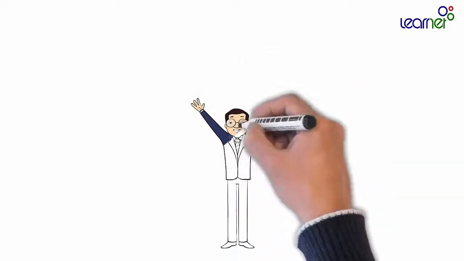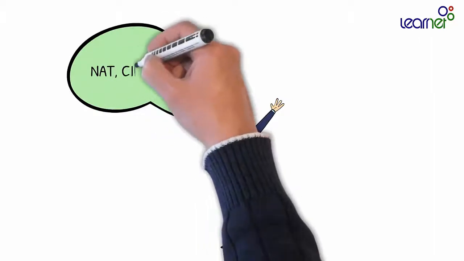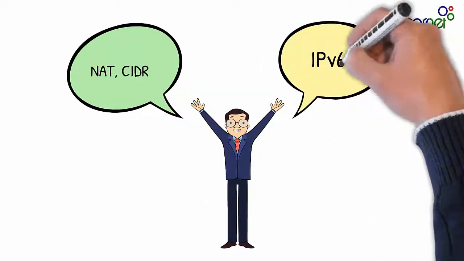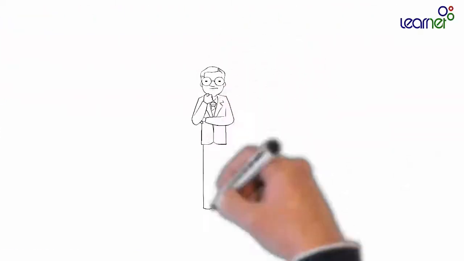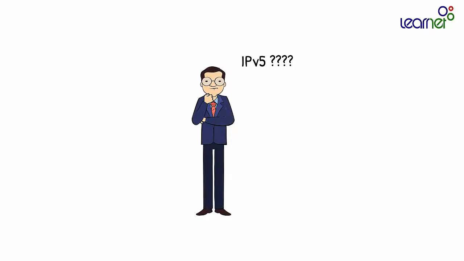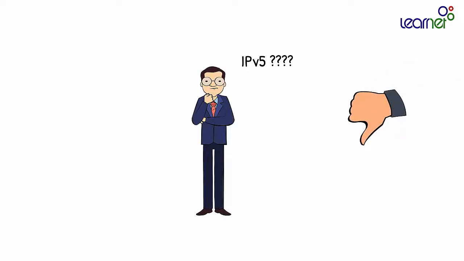For the short-term solution, they introduced CIDR and NAT, and for the long-term solution, they selected IP version 6. You may ask, what happened to IP version 5? Was there any IP version 5? Yes. IP version 5 was introduced but was never adopted as a standard protocol.